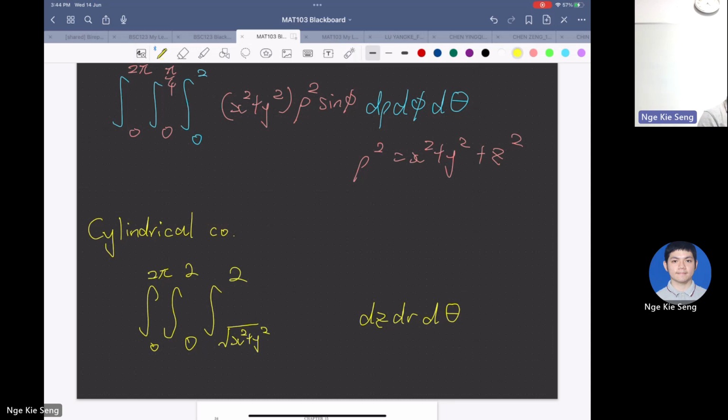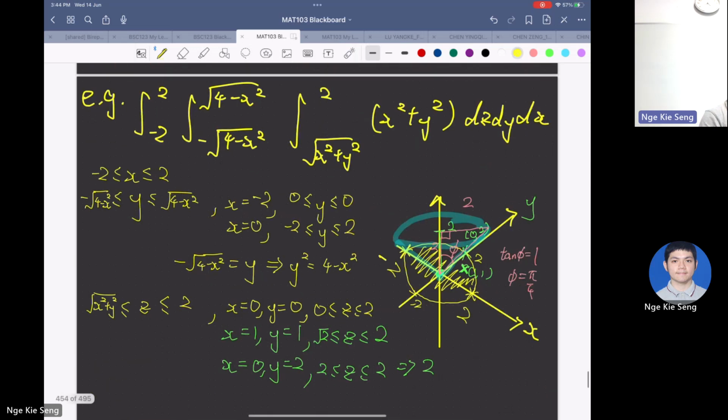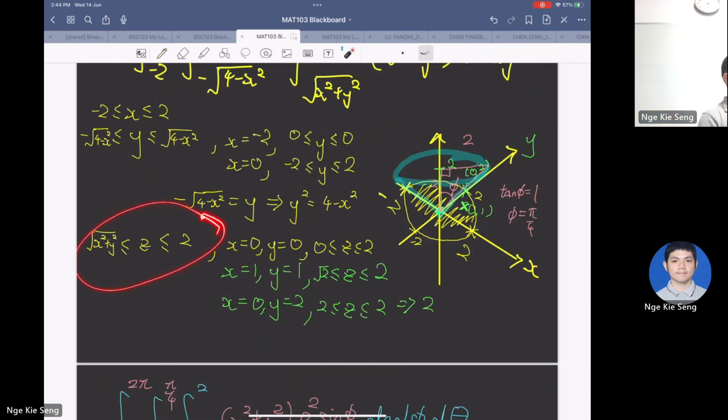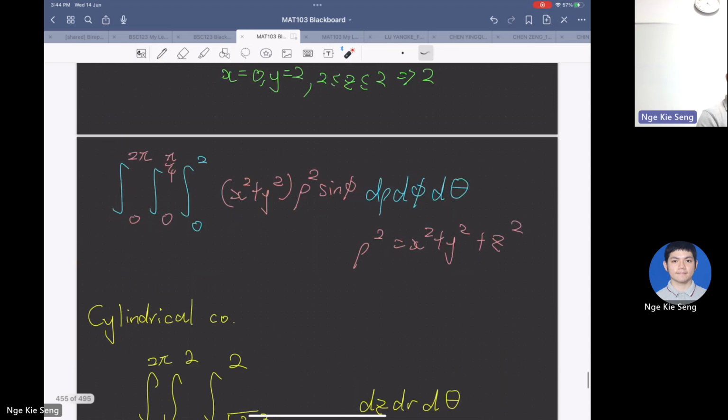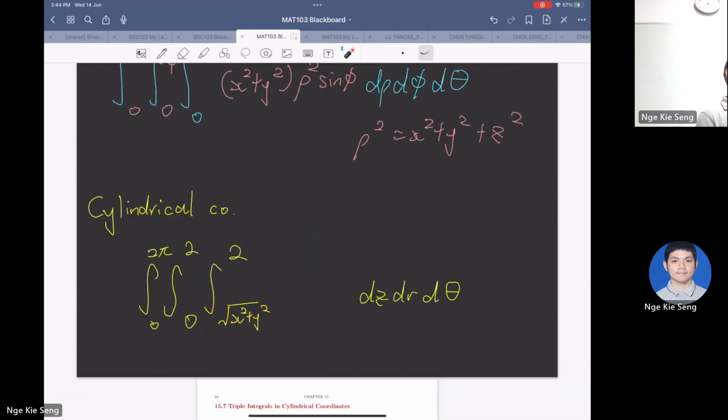This is the bound for your z. In this case, the square root part is just r, so it's from r to 2. Does it make sense?